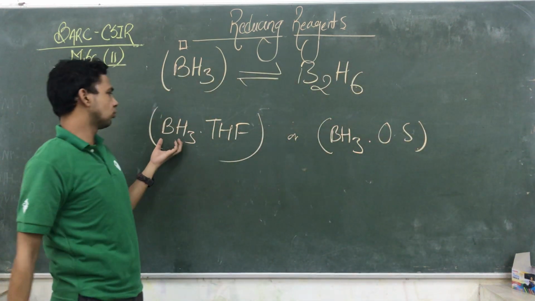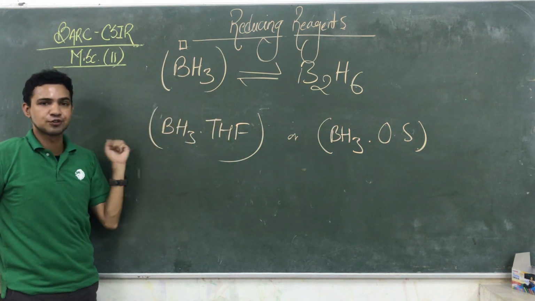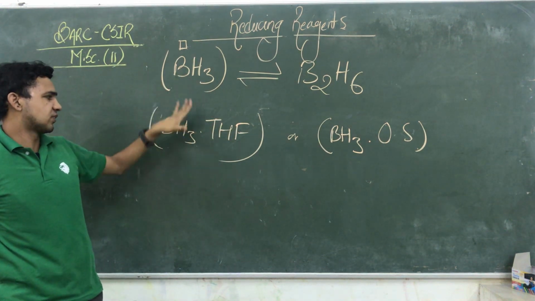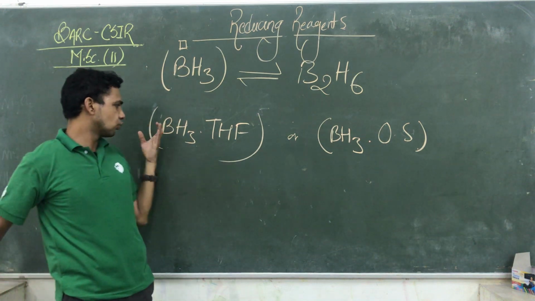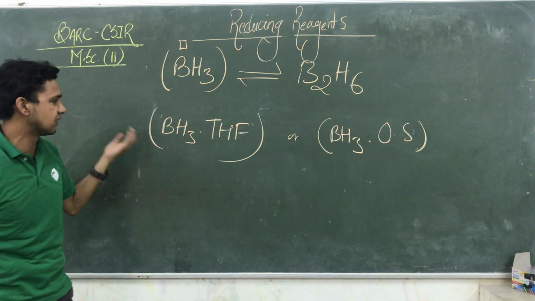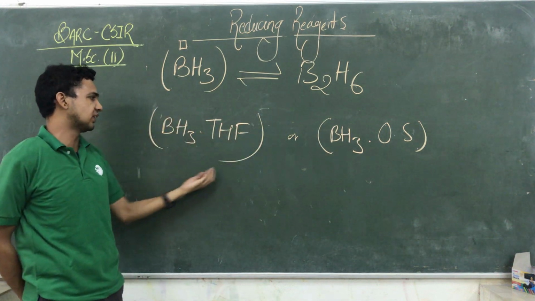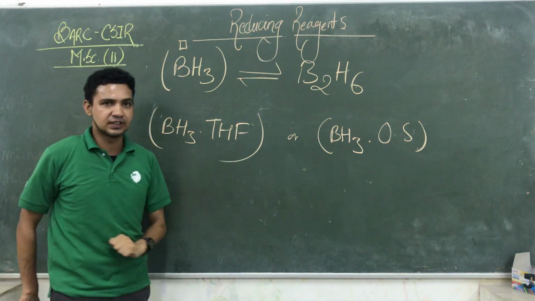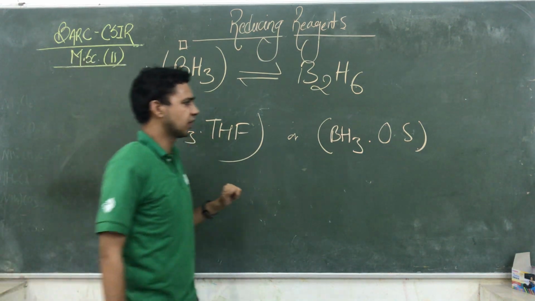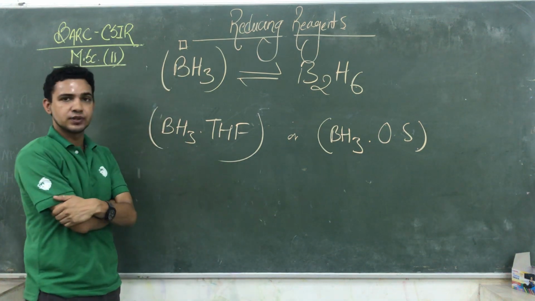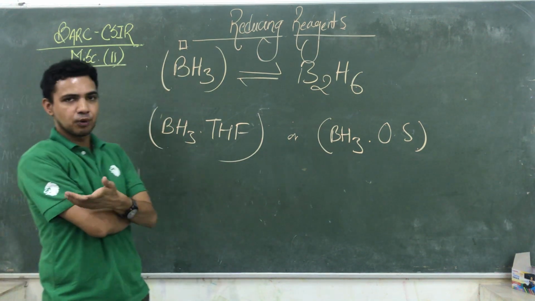Generally the BH3 solution is available in complex form. Here the tetrahydrofuran is the solvent in which BH3 is dissolved, and if any industry is applying BH3, they purchase BH3 in its solution form, in THF. Or in the case of organic solution we also use pyridine. So that is the general property.